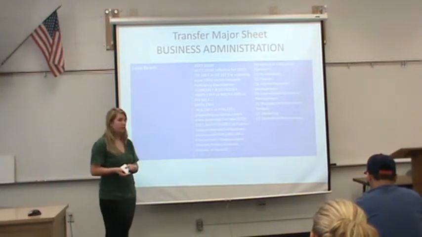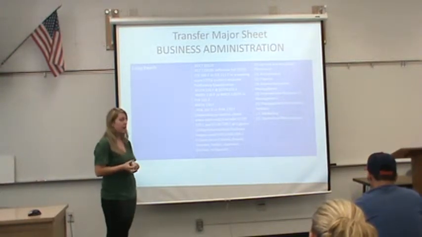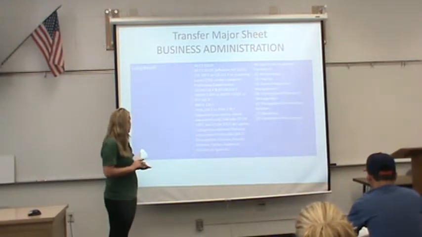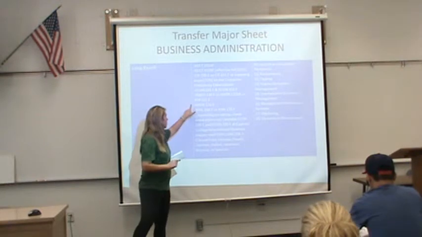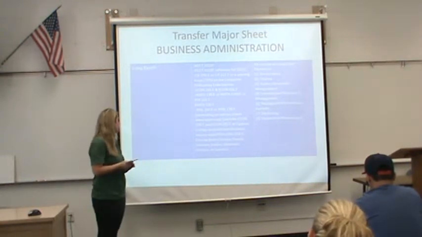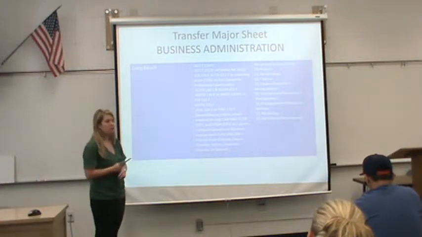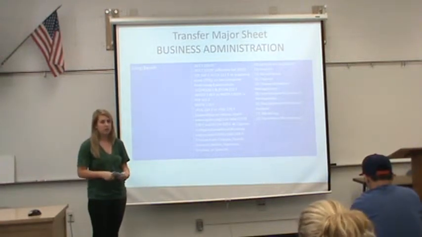Econ 101 microeconomics, Econ 102 macroeconomics, Math 120, which is statistics, or the other two, Philosophy 160 or Philosophy 170. And also, they did not list on here that you need business calculus, but that was also a prerequisite.